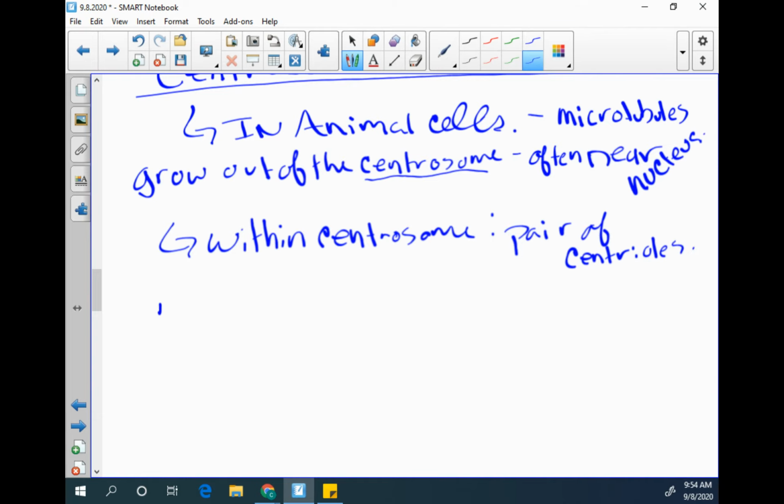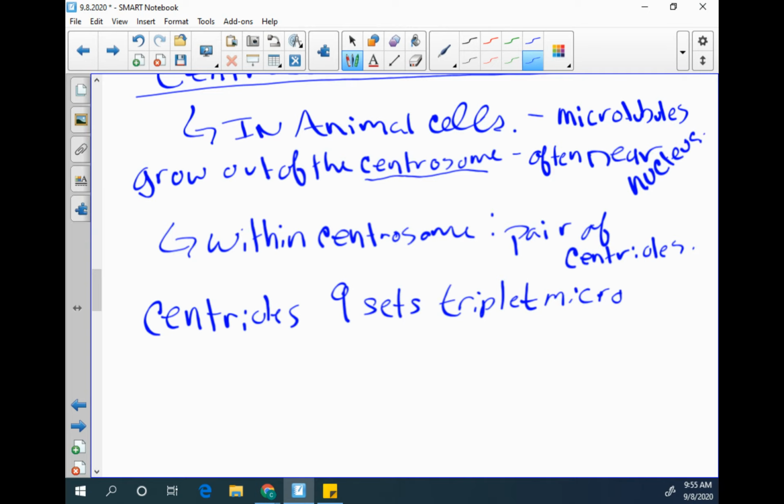Centrioles are nine sets of triplet microtubules in a ring.